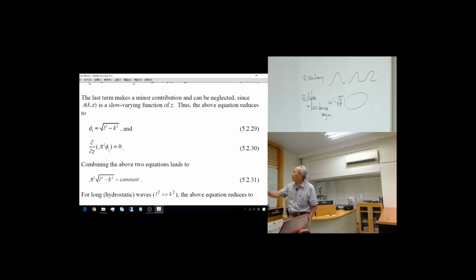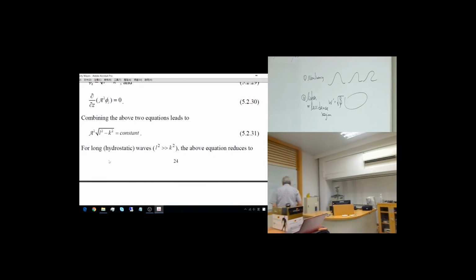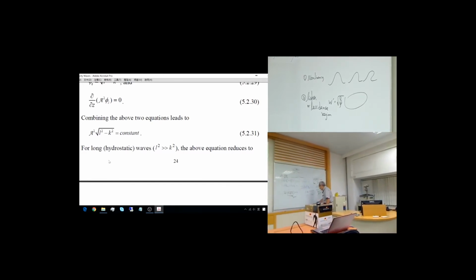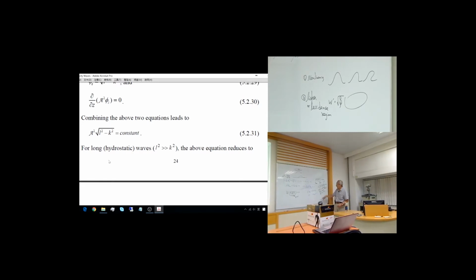Okay, so here I can discuss, combining with this it will be constant. Maybe we have to be careful, you're right. We have to assume K squared is much less than L squared, so this term can be ignored. So we can have this argument.